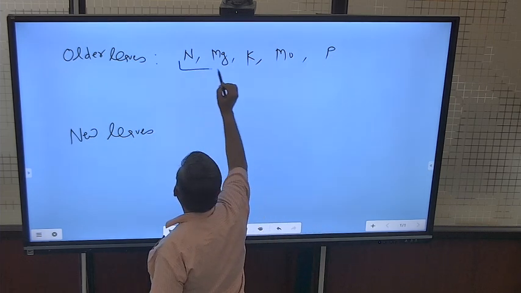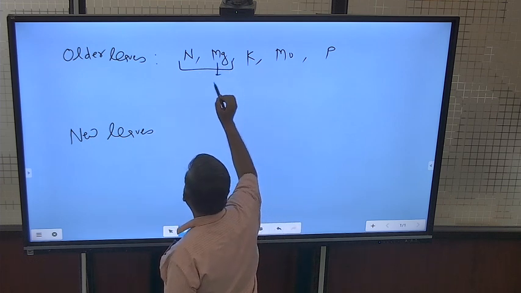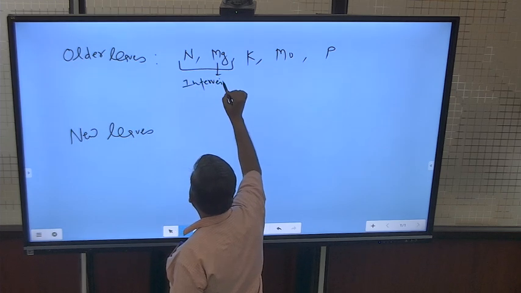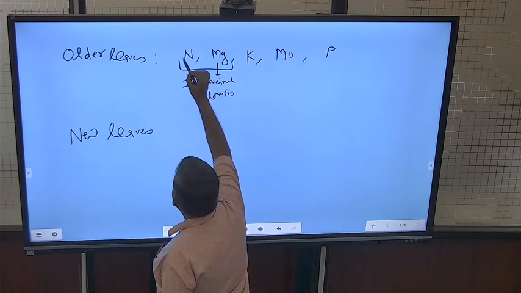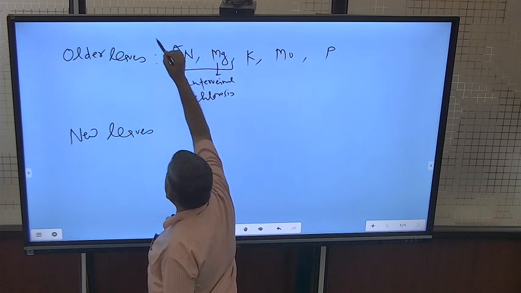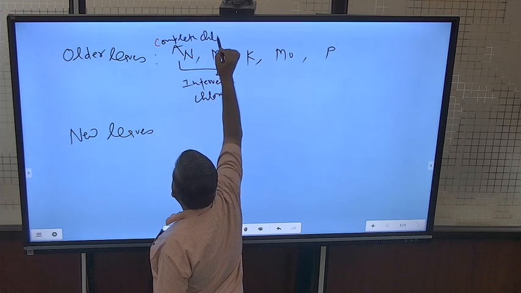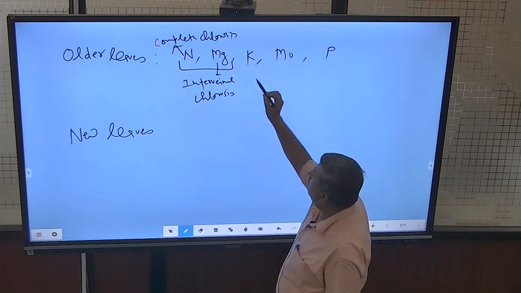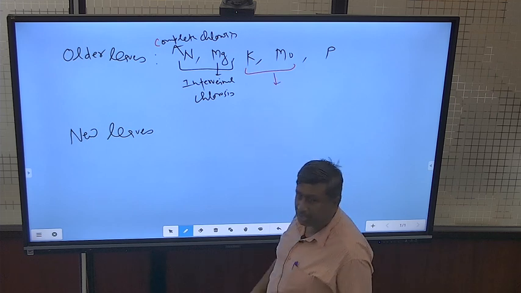The difference between magnesium and nitrogen is that in case of magnesium, there is interveinal chlorosis, while in case of nitrogen, it is complete chlorosis, including veins. And in case of potassium and molybdenum, dead spots are there.